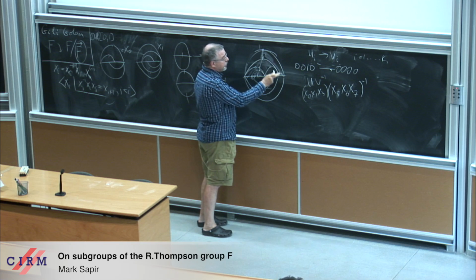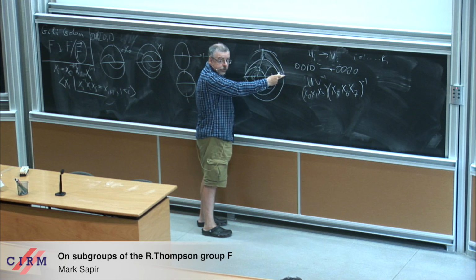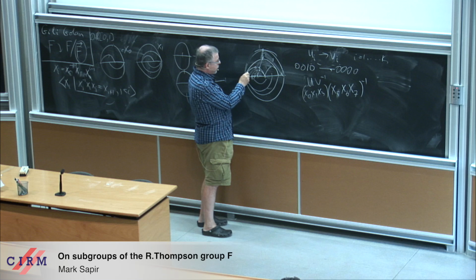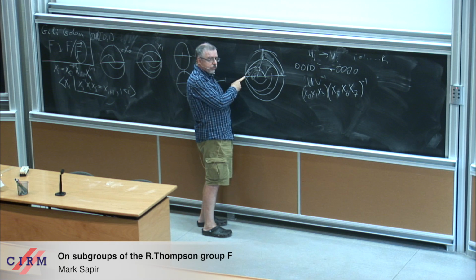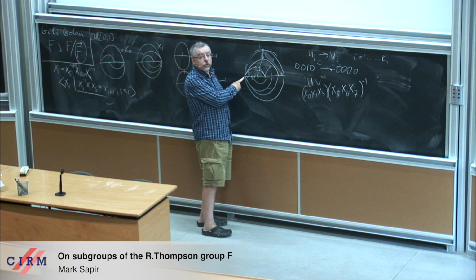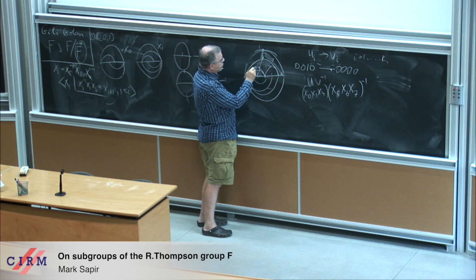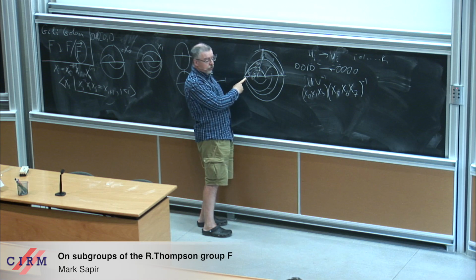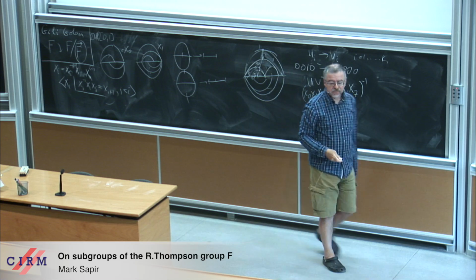Now, if the cell touches the right end of the diagram, you just put 1 in it. Otherwise, you put x with the index, which is the distance from the left point of the cell to the left point of the diagram. For example, this is x0. This is x1, right? Because the distance from this point to this point is 1. And so on. So this is easy to see.